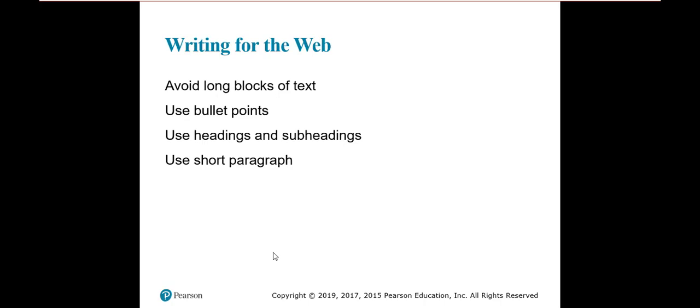If you have multiple headings, then you have to identify whether it is a heading or a subheading. Or, as I told you, avoid long blocks, so you can use paragraphs. Maybe instead of having one paragraph, you can divide it into two or three based on the need.